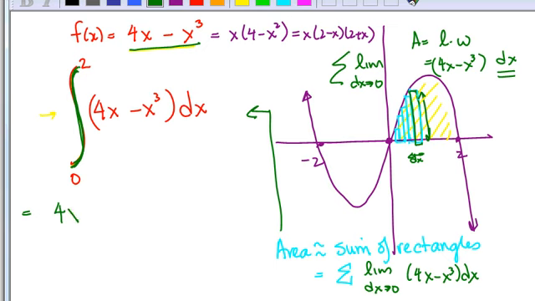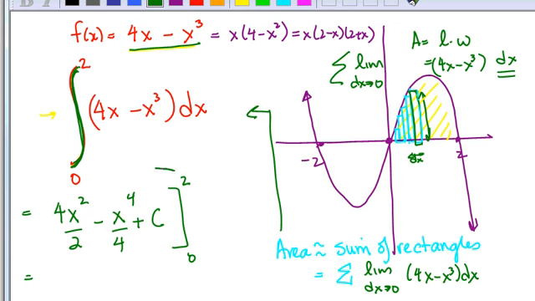The antiderivative of 4x minus x cubed is 4x squared over 2 minus x to the 4th over 4 plus a constant. And what we're going to do is evaluate that expression for the area between 0 and 2. So that means evaluate it at 0, evaluate it at 2, and subtract, and we should get the yellow area.